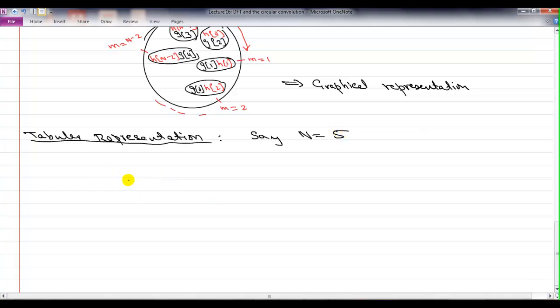So if we say that we have n equal to capital 5, I'll give you an example in that case how to use tabular representation for computing circular convolution. Our output sequence is going to be of length 5 for n equal to 0, 1, 2, 3 and up to 4, where this 4 corresponds to n minus 1.